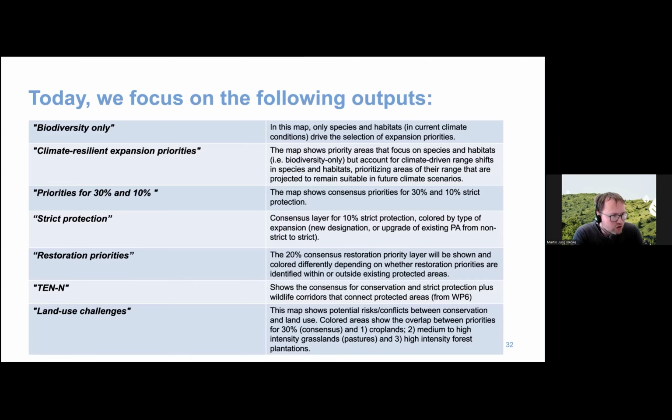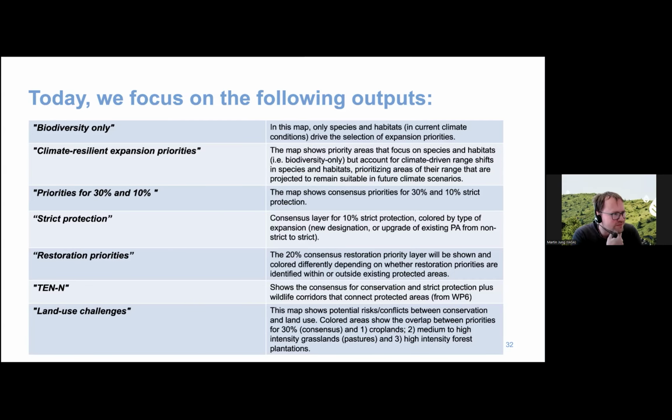And one is called land use challenges, where we show the 30% protection priorities, but also give a little more information through color codes that show areas that might be more challenging to implement in certain countries simply because they overlap with a high proportion of medium to intensive anthropogenically modified land, such as pastures or croplands or high intensity forest plantations.